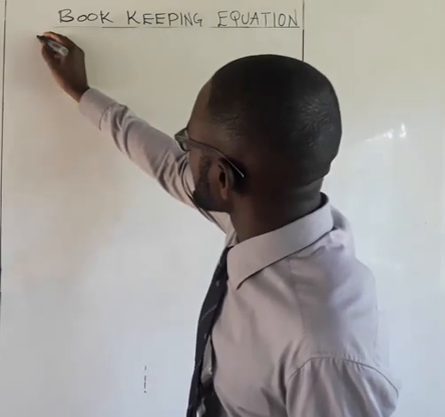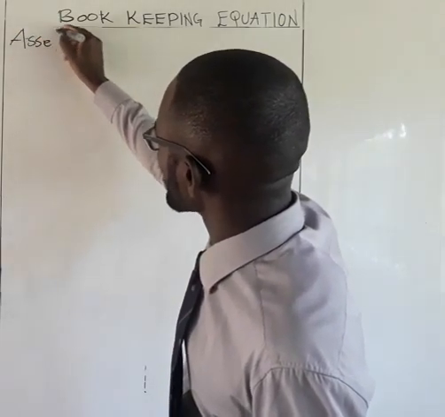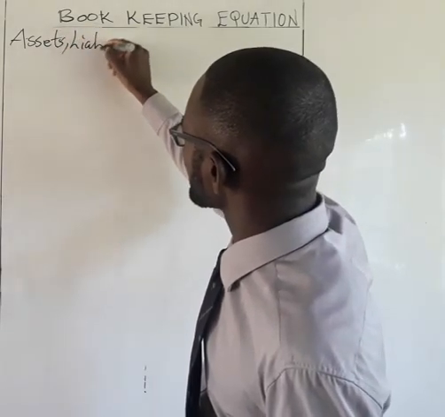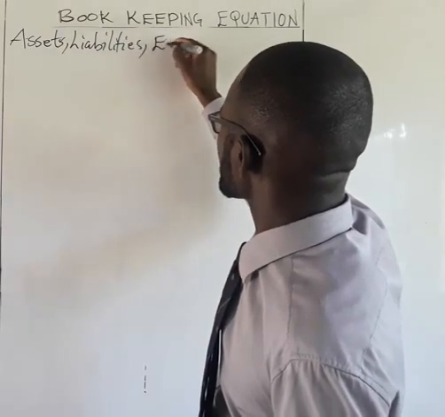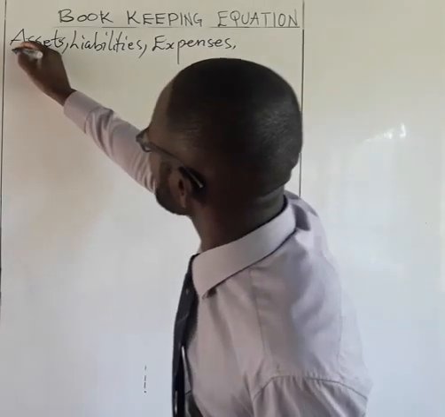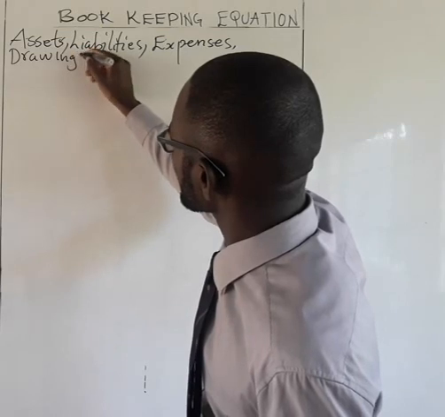Now, in all cases we have these particular types of accounts. We could have assets, a business could have liabilities, expenses, and drawings made by the owner of the business.